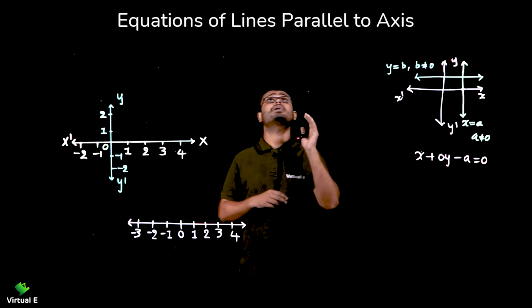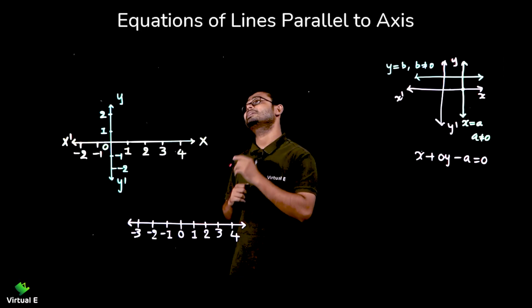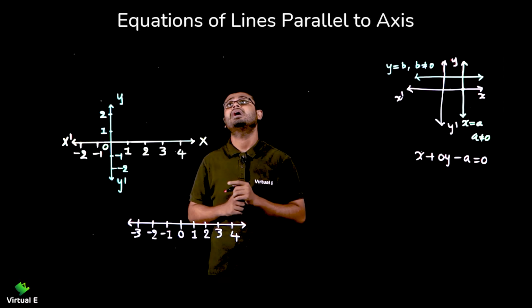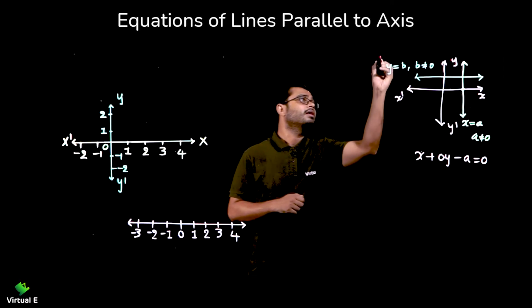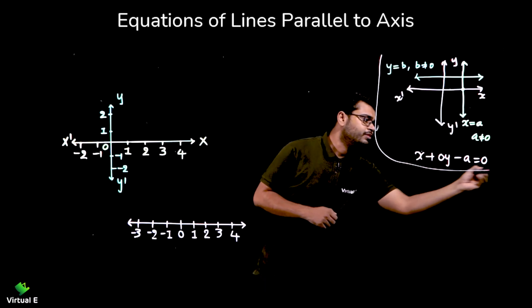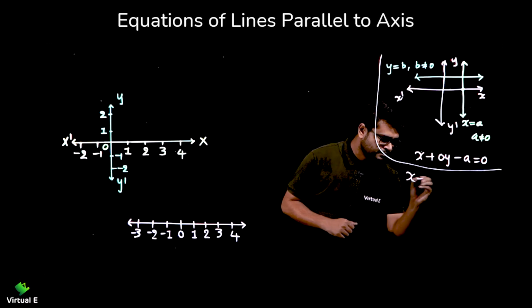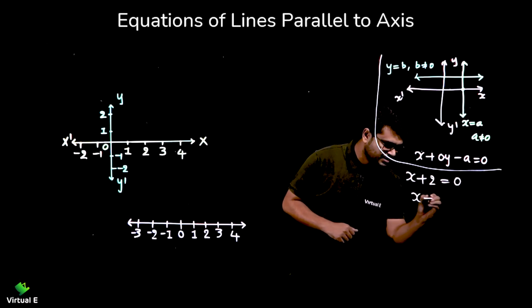Give the geometric representation of x plus 2 is equal to 0 and x is equal to 1 as an equation in one variable and two variables. Okay, so first of all, let's talk about the first equation, that is x plus 2 is equal to 0. So I can write x is equal to minus 2.